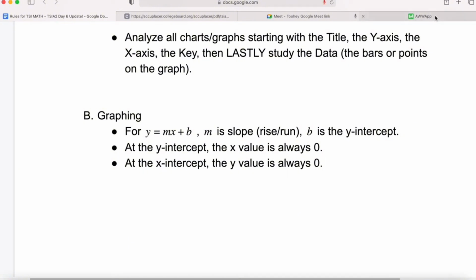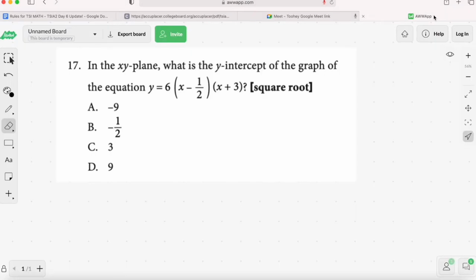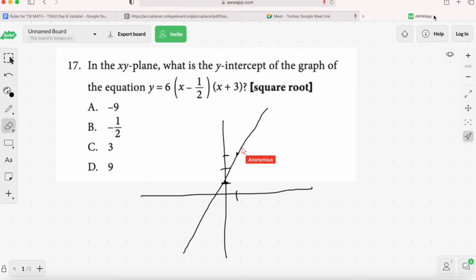I'm going to explain that in more detail here. Let's go back to the whiteboard. And that concept is that at the y-intercept, the x value is always 0. So let's go back to that line that I drew previously, the line that was y equals 2x plus 1. Do you see that line, Francisco, on the whiteboard?